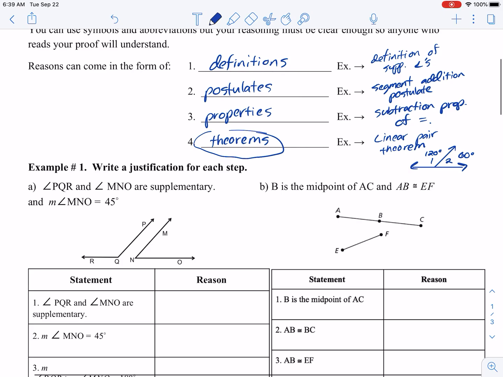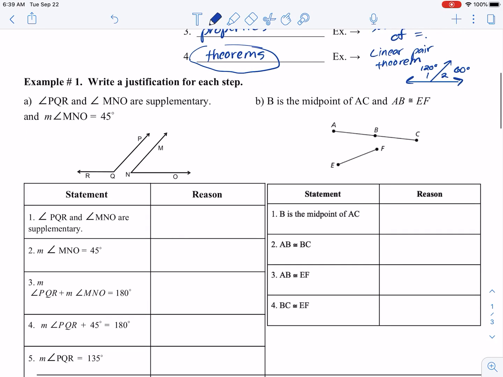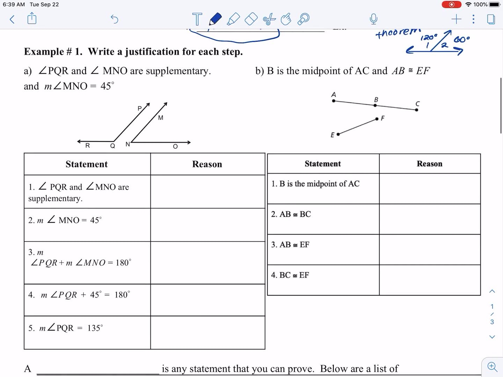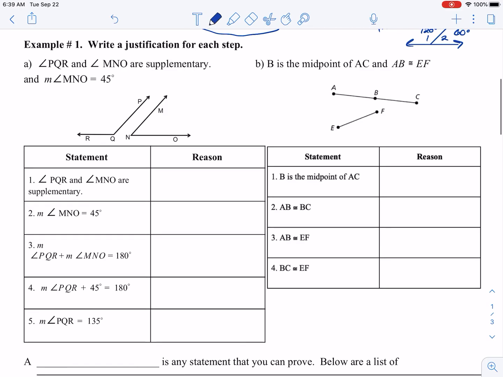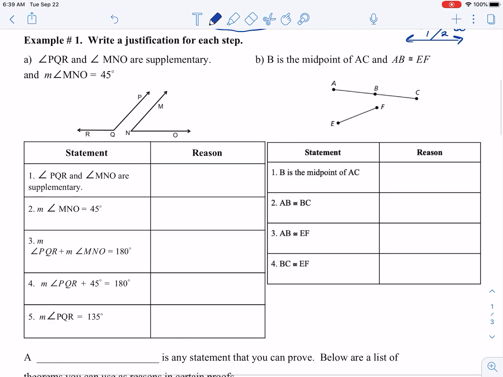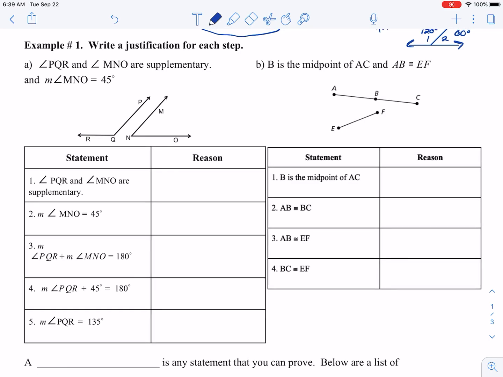But let's continue with writing our two-column proofs. Now I'm gonna make it a little bit more formal for you, so it's nice and organized. The statements are going to be given, so you have an idea of where to start. But we always want to first ask what's given and what are we trying to prove.